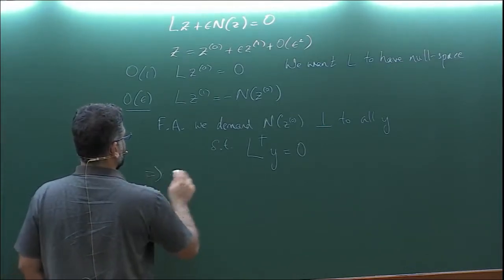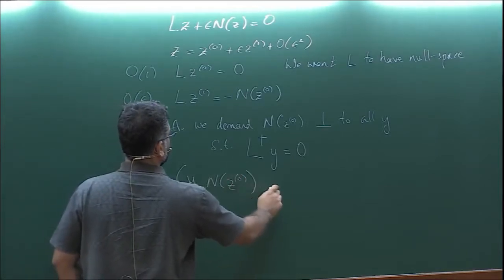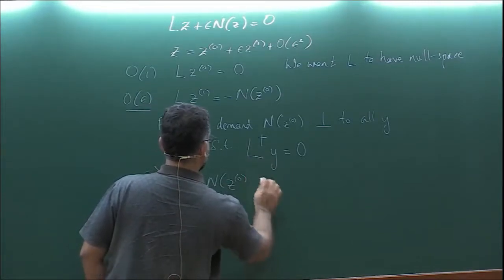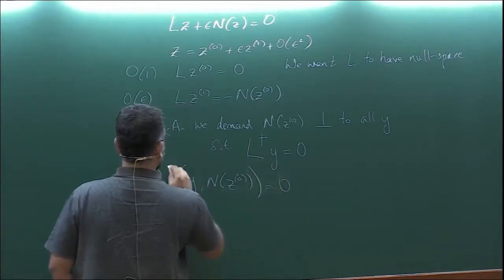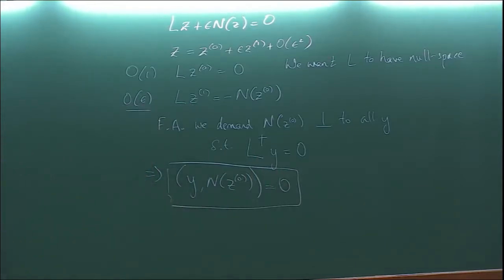And so this condition is usually where these reduced models appear. So the condition that the right-hand side be perpendicular to all y in the null space of the adjoint leads to conditions for unknown parameters at the level of the first-order problem.